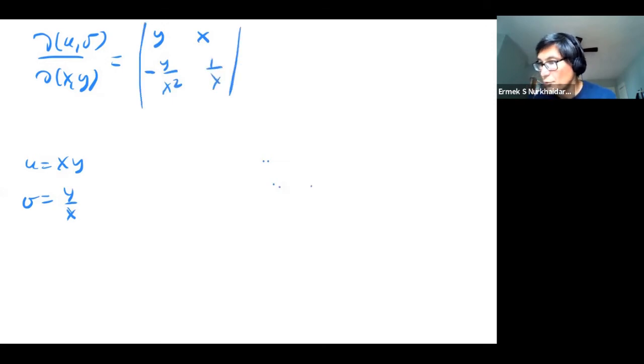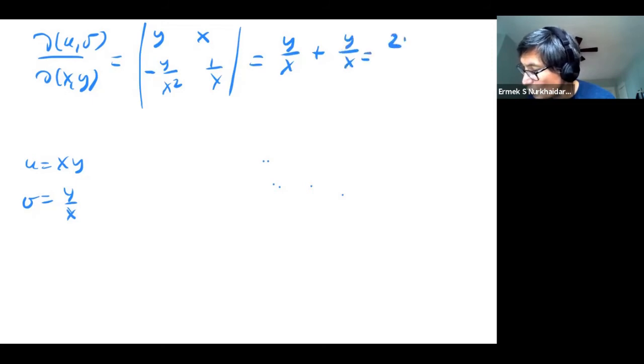And we calculate the determinant of that expression. So we're going to get y over x plus, I reduce that, plus y over x. So we're going to get 2y over x.